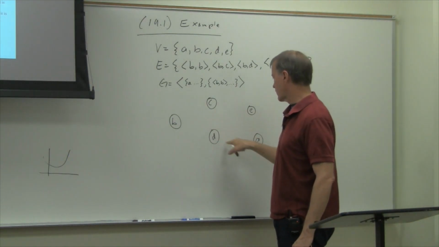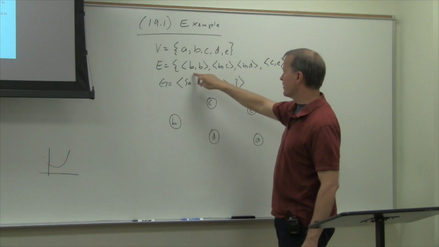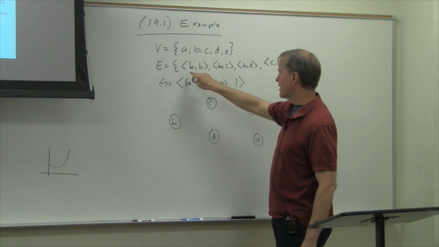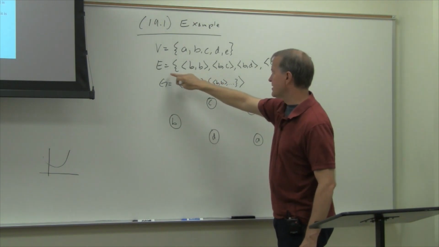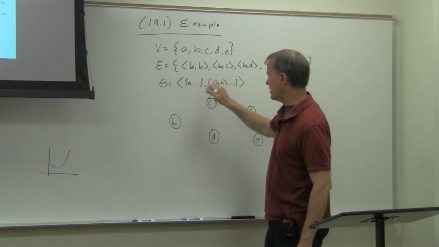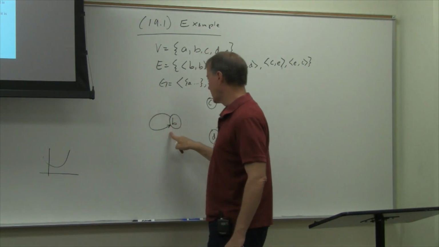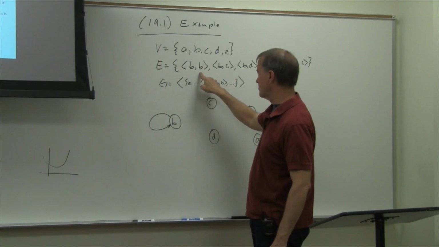Then the way you represent it on the plane is, if there's an edge from B to B, since E is the set of edges, that edge is drawn like this. There's an edge from B to B, and it's directed.